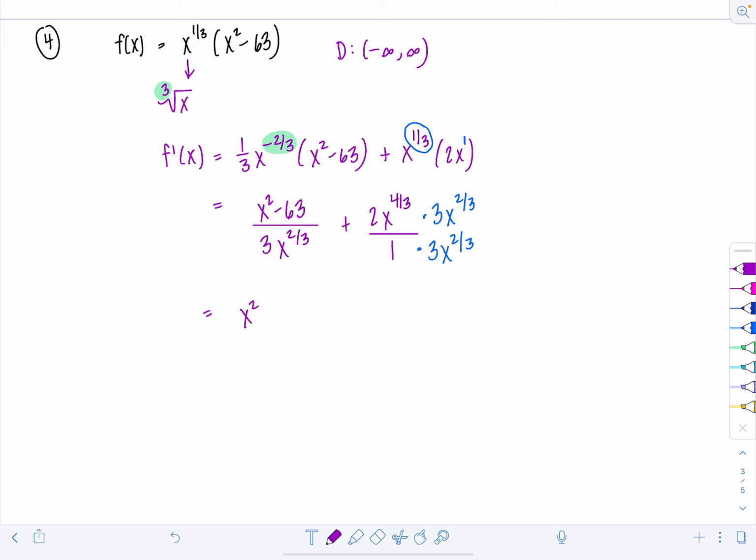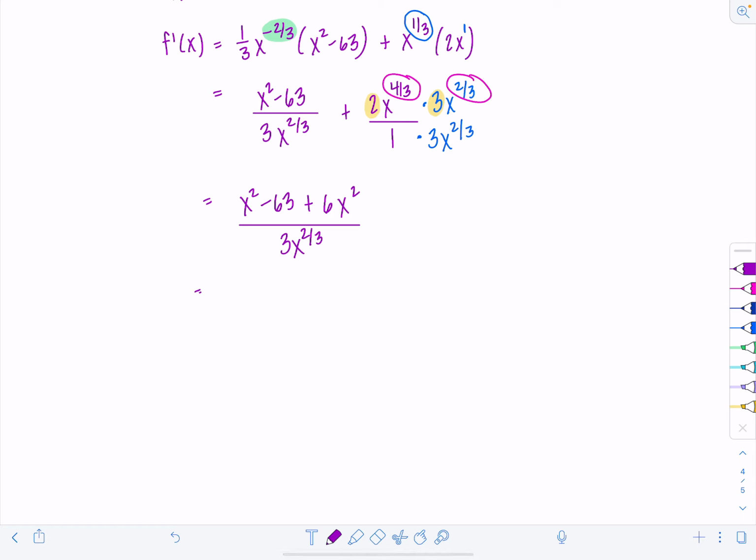So here I have x squared minus 63 plus 2 times 3, that's 6, x raised to the, now pay attention, I add these exponents: 4/3 plus 2/3, that's 6/3, which is 2, over 3x to the 2/3. Did we get it right up to here? Give yourself a pat on the back if you did.